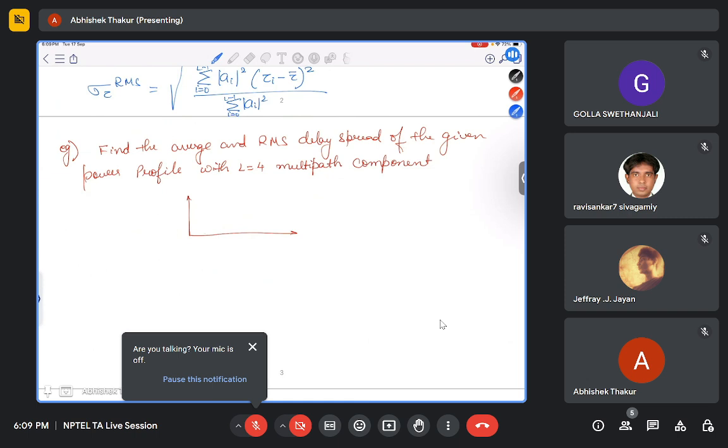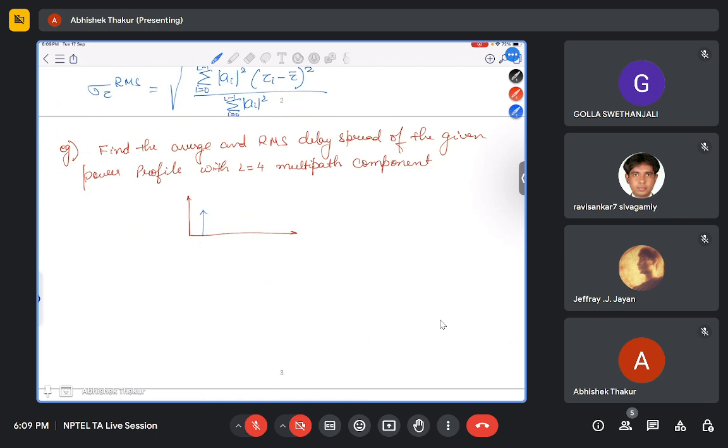At t equal to 0 microsecond, the component was at minus 20 dB, and at t equal to 1 microsecond, the signal component arrived at minus 10 dB.